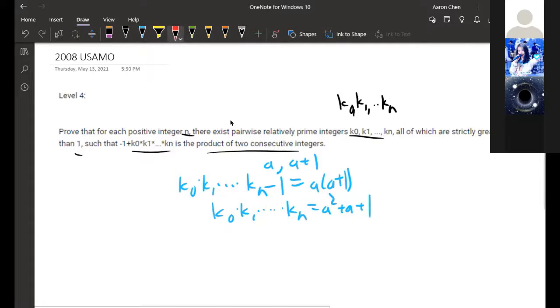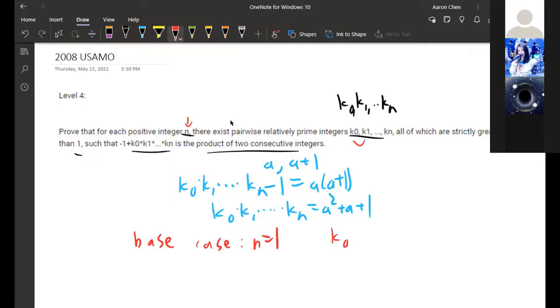First is the base case. So the base case, we want to prove it for positive integers n, so the base case is when n equals 1. In this case, you have two integers which are strictly greater than 1, such that their product minus 1 is the product of two consecutive positive integers.